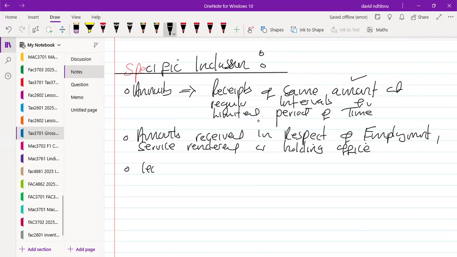Then we have lease premium and improvements. Right, a lease premium, when an entity is leasing out a property to another entity or to another individual, they sometimes charge a premium.